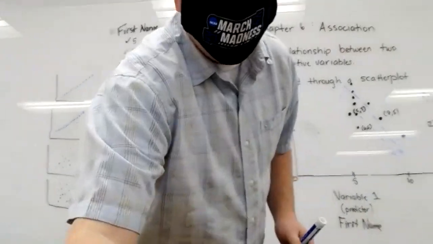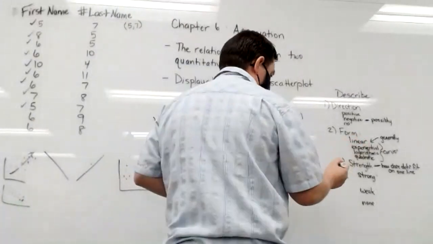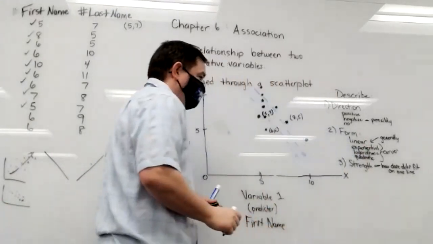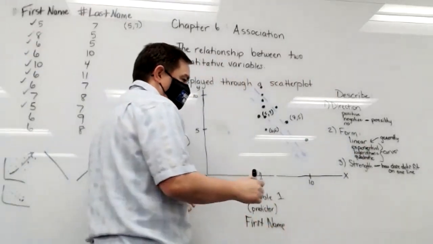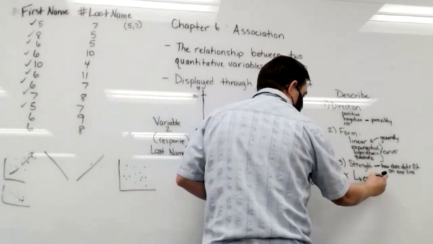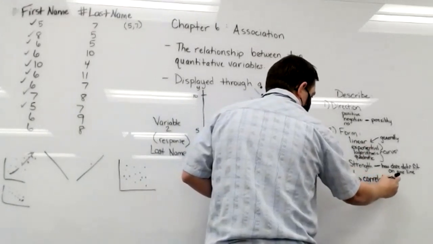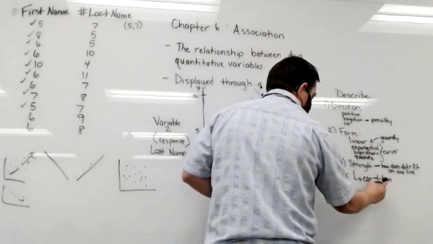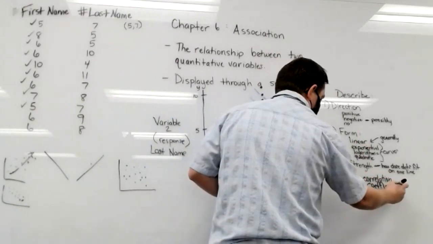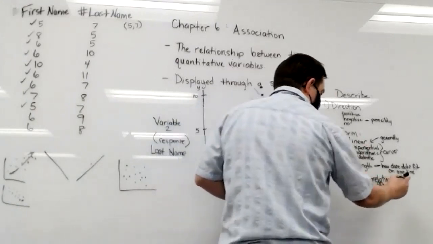We can get a little more precise, though. We can get a little more precise with relating strength through the correlation coefficient. So I'm going to introduce a new statistical value.